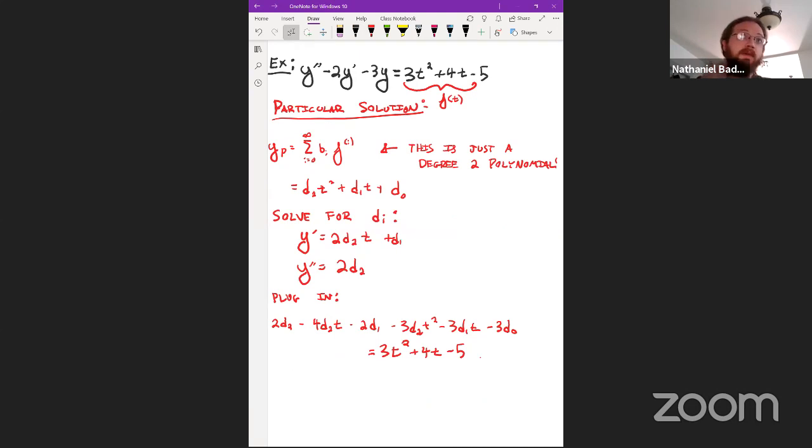Okay, so here's the argument. Now, these have to be equal as polynomials, right? If I tell you that two polynomials are equal for all t, they must be equal order by order.